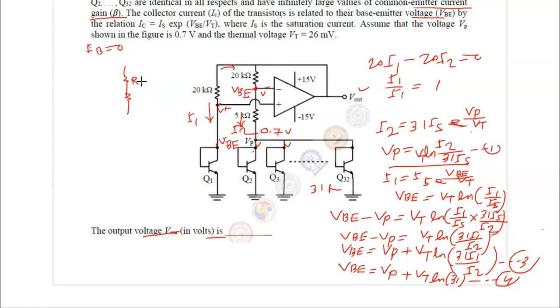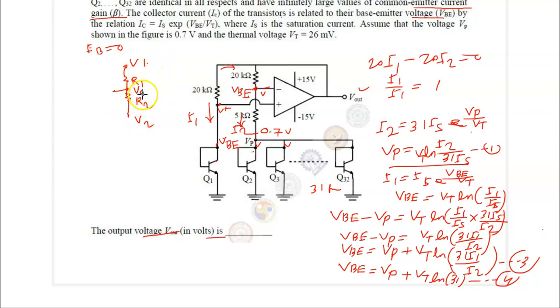Let's say this is your R1, this is R2, this terminal voltage is V1, and this is V2. We need to find this voltage, let's say V0. You just remember that you need to find it by the superposition theorem. Assume V2 is 0, then find V0, then assume V1 is 0, find V0, then add together.